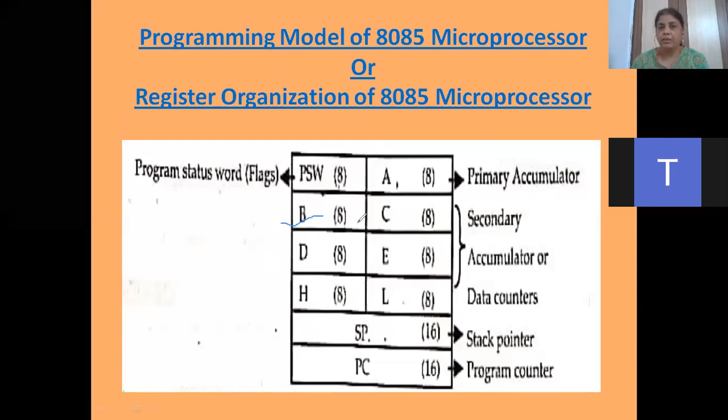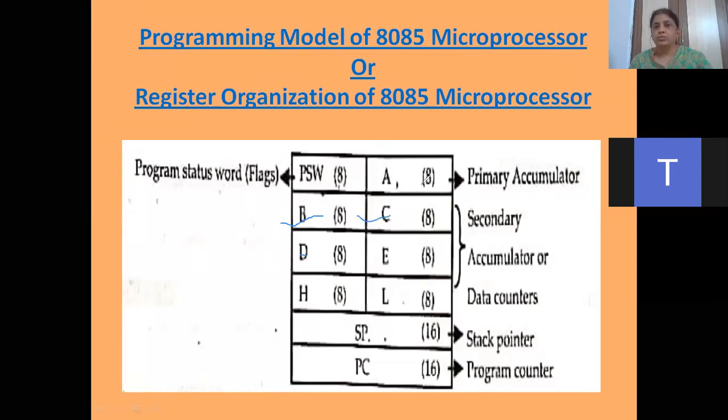Just like B, C, D, E, H and L, you can store your data in the accumulator also. So this is also a kind of general purpose register.